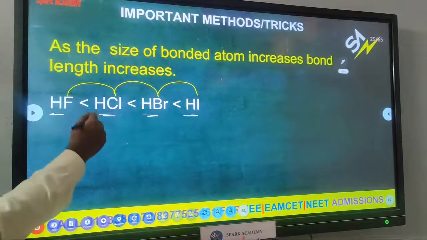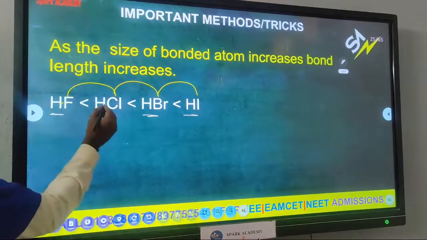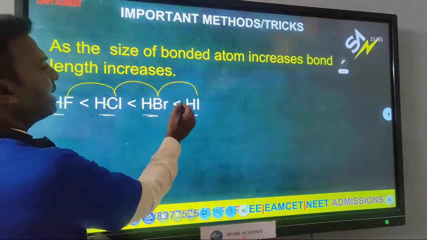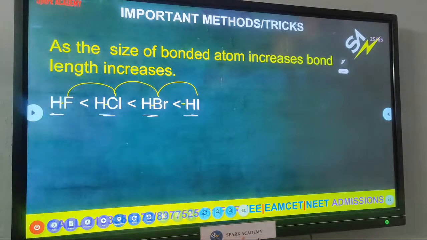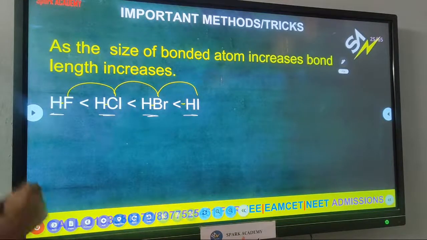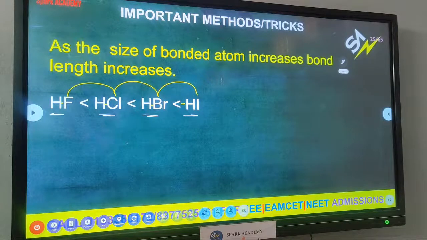The common atom is hydrogen, and as the size of the halogen increases, automatically the bond length increases. Here I have written the order. Is it the increasing order of bond length or decreasing order? Increasing order of the bond length, yes. So from HF to HI, bond length increases. It is the third application of the bond length.